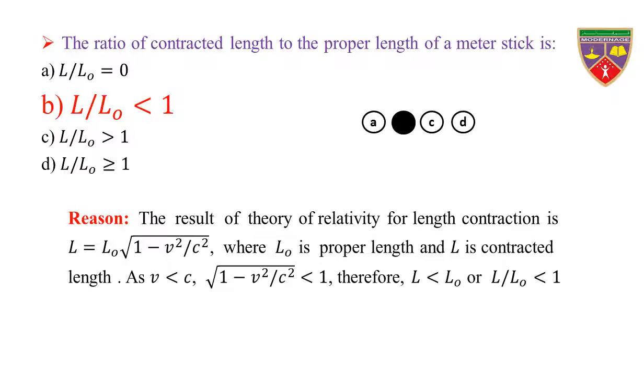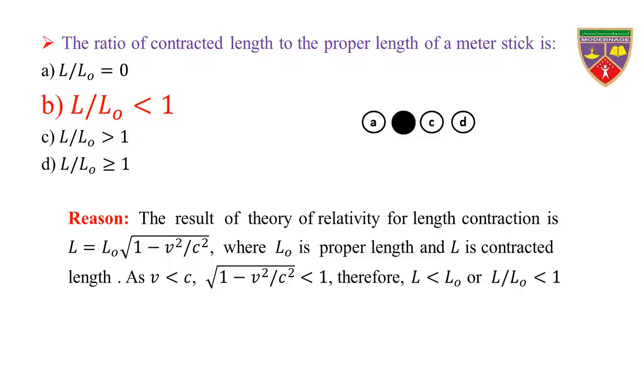Reason: the result of the theory of relativity for length contraction is L is equal to L naught into the square root of 1 minus V square divided by C square, where L naught is the proper length and L is the contracted length, as V is less than C, which is the speed of light.